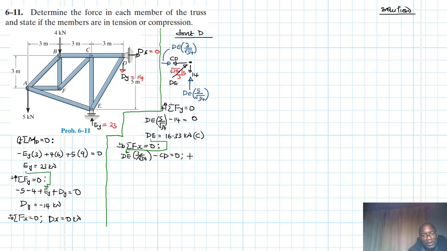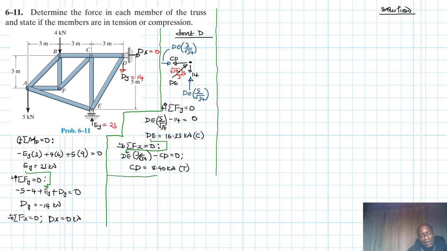Therefore, we find that the value of CD is just equal to 16.33 times 3 divided by root of 34. So this gives us 8.40 kilonewtons. And the direction that we assumed as tension is also okay. So we are done with the first case.